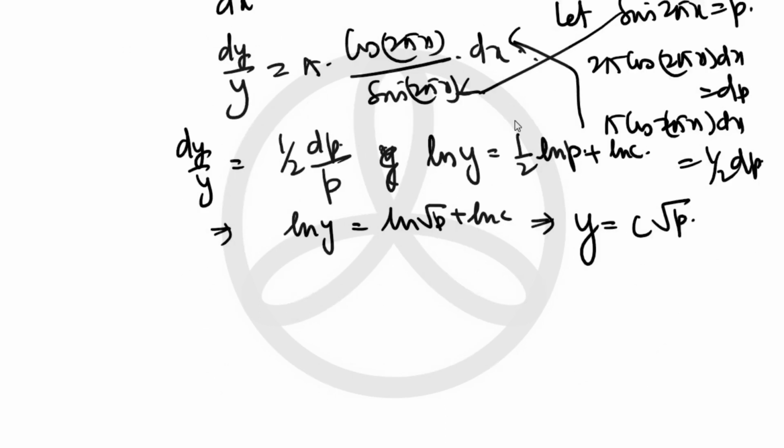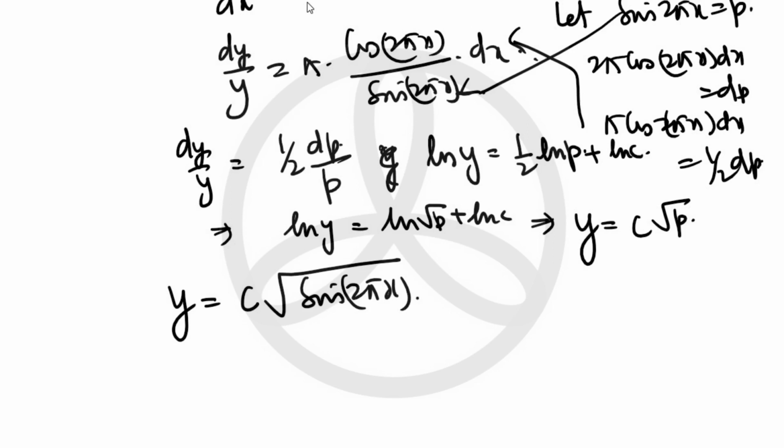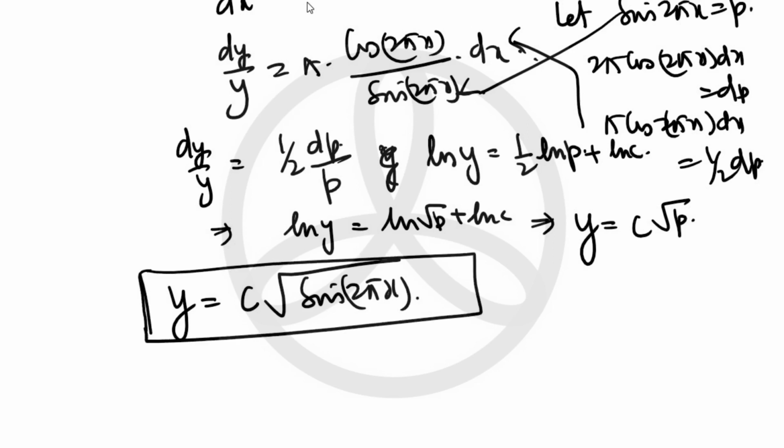And what we had assumed earlier, p is equal to sine 2 pi x. So our final solution will be y equals a constant of integration times square root of sine 2 pi x. This is the final solution of the given differential equation. Okay. So let us move to the fifth question.